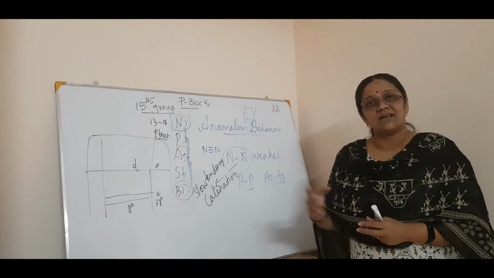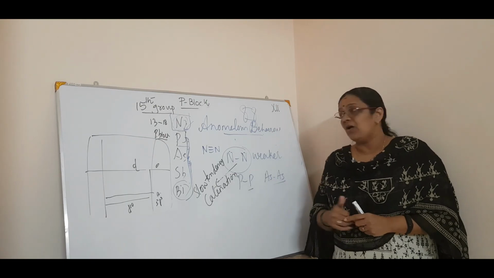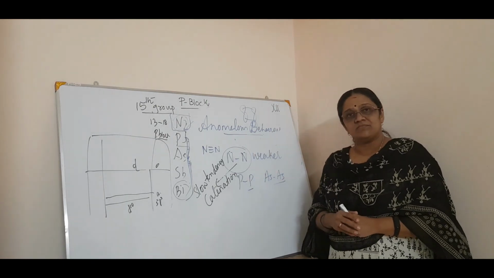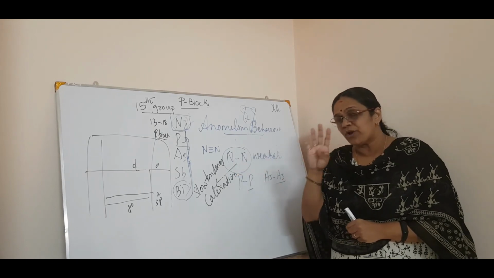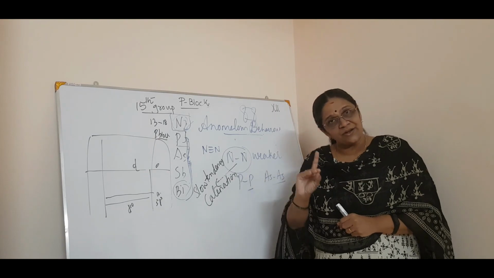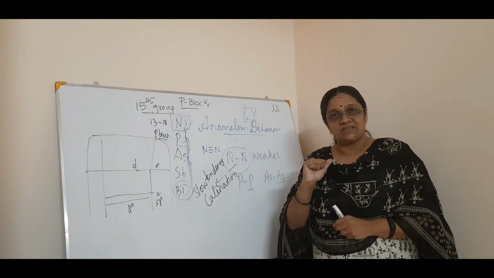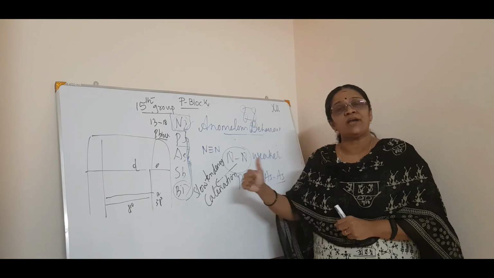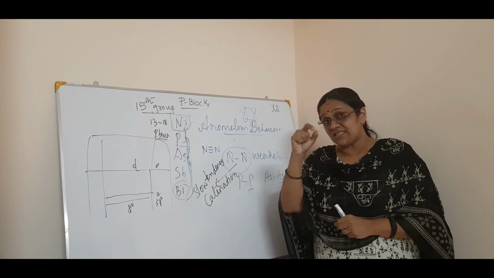Okay, so these are some of the anomalous behaviors of nitrogen. So you got it? This is simple. First you have to study the four important points: small size, high ionization enthalpy, high electronegativity, and absence of d orbitals. Then the most important point is the p-pi bonding in nitrogen, since nitrogen has a triple bond.